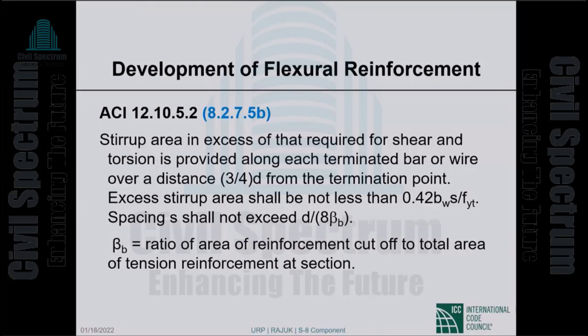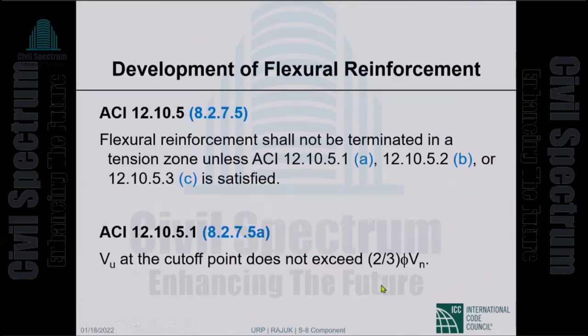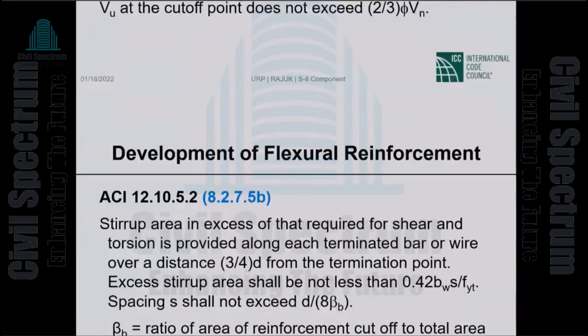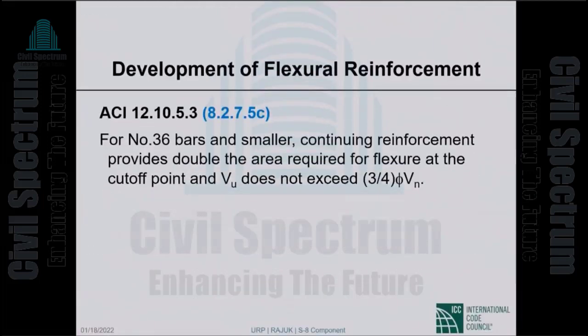Excess stirrup area shall not be any less than a specified value, and then spacing shall not exceed d over 8 times beta sub b, and that beta sub b is the ratio of area of reinforcement cutoff to total area of tension reinforcement. I have not seen people use this condition, to tell you the truth. Most of the time we go with the first one. One out of three conditions, we typically go with this. This is much more complicated.